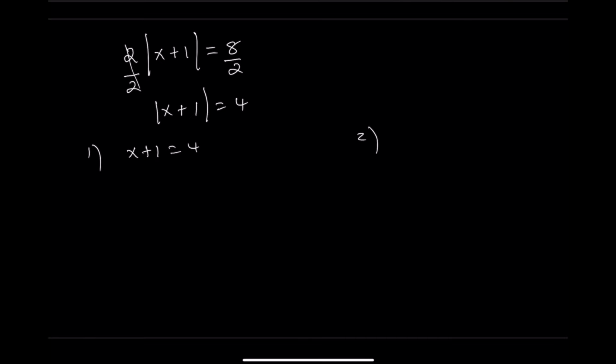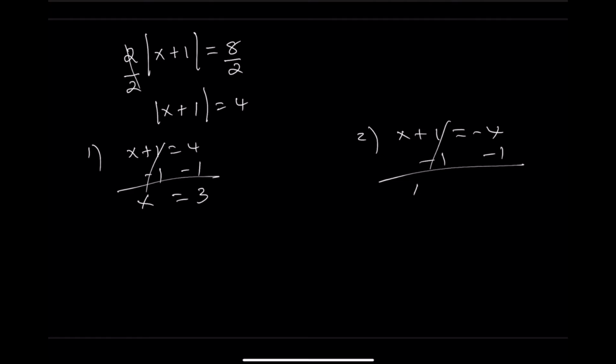Second, x plus 1 equals -4. Now solve both. From the first, subtract 1 from both sides, x equals 3. From the second, subtract 1 from both sides, x equals -5. So the solution is x equals 3 or x equals -5.